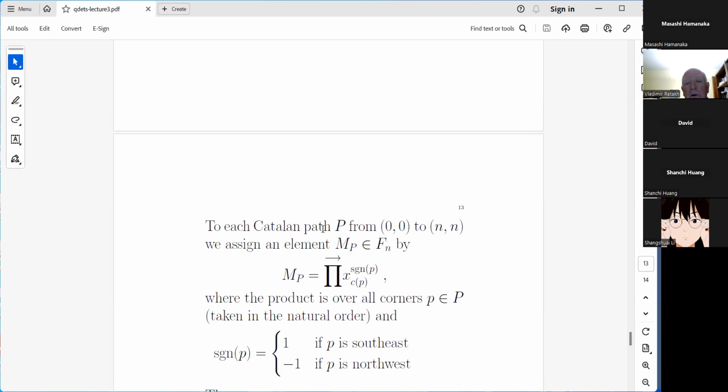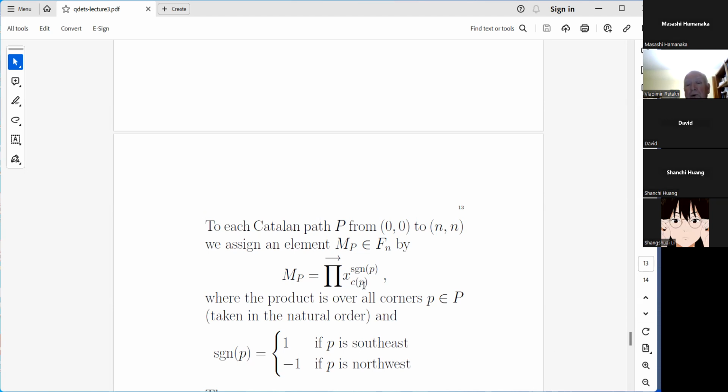Then to this path I assign an element in this group, and this is just a product. I go from left to right, finding corners.